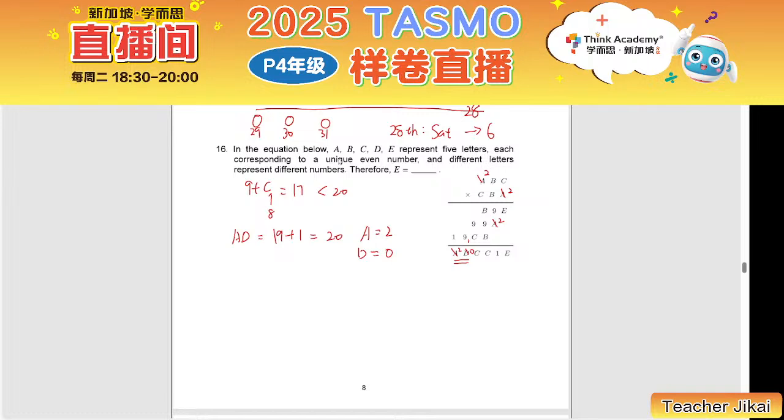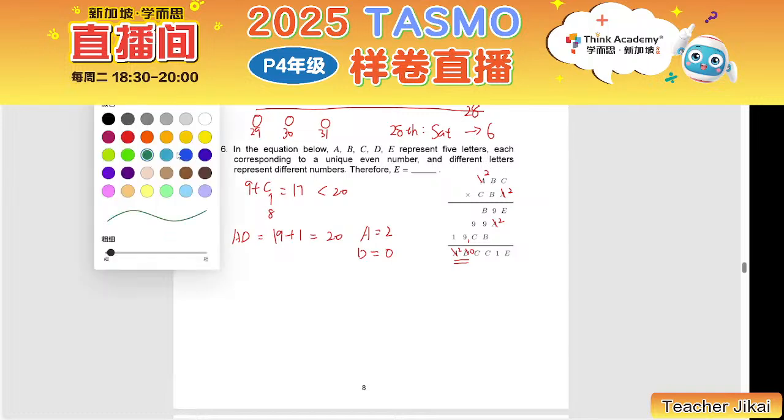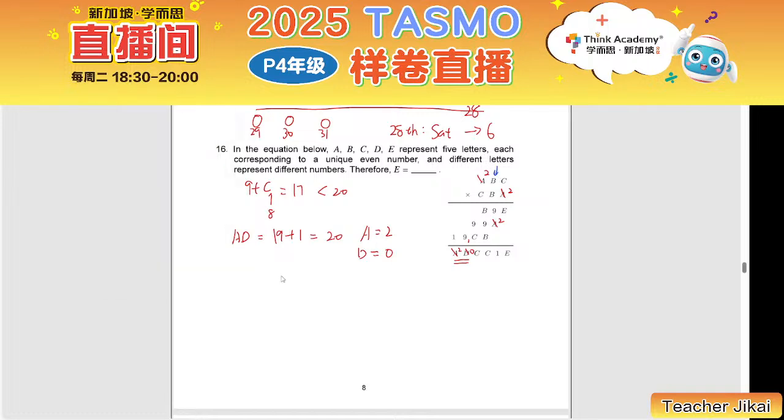It is this column, the middle one. The middle one will give you 2BC, and times B. So 2BC times B will give you 992 here.